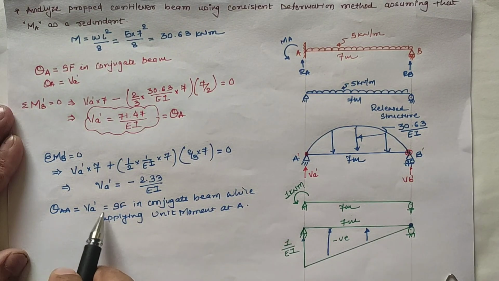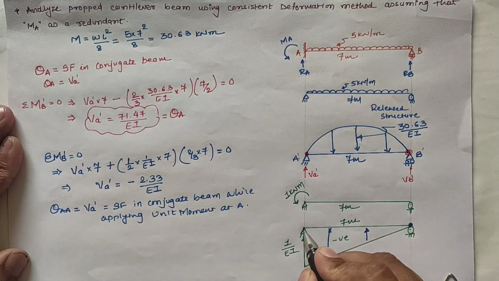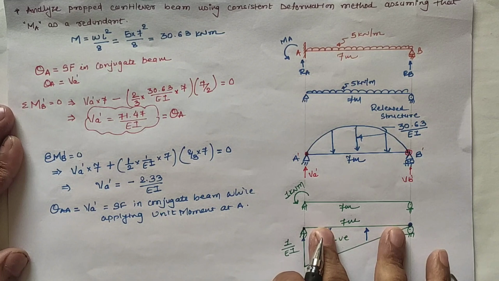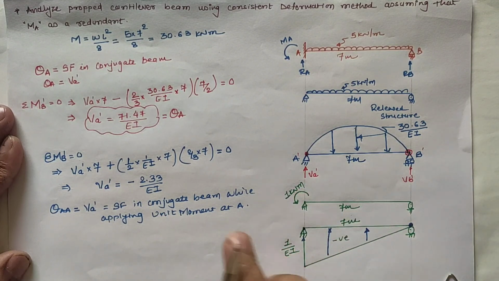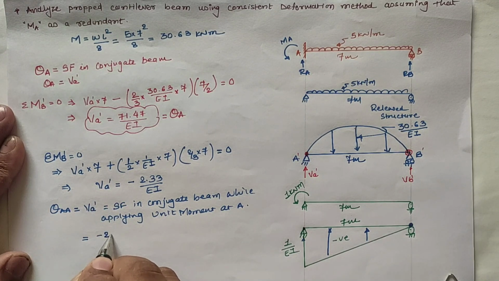the value of the shear force in the conjugate beam while applying the unit moment at A. So at point A in the conjugate beam after applying the unit load, our theta AA will be the value of VA dash, hence theta AA is nothing but minus 2.33 by EI.